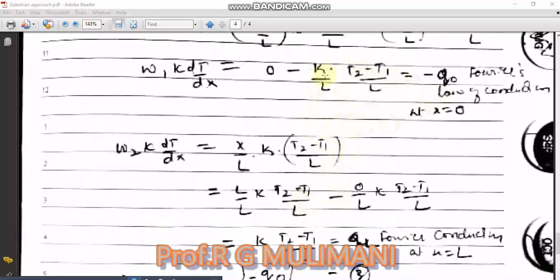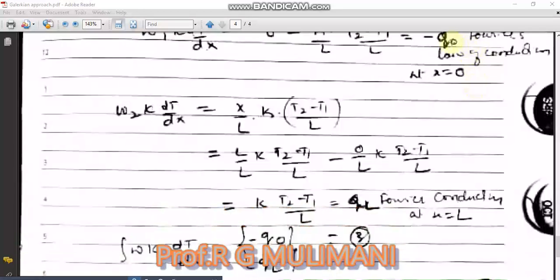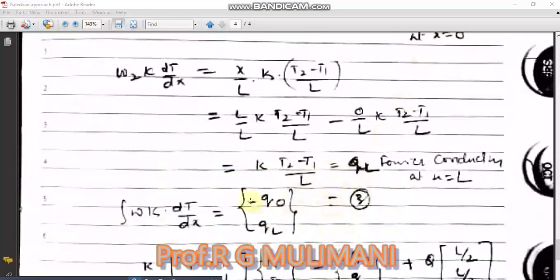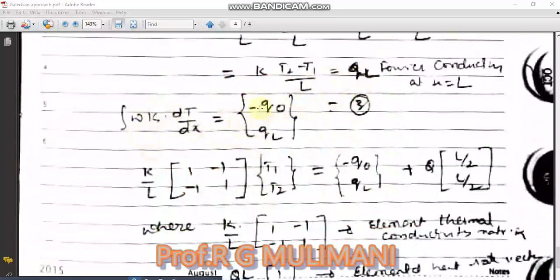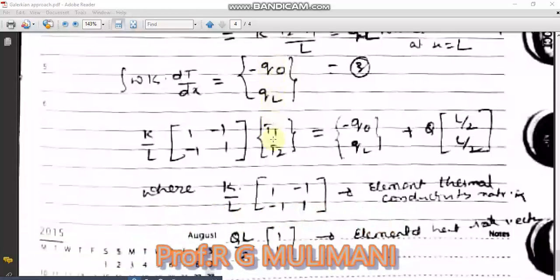This k (T2 minus T1) by L is nothing but q naught. By Fourier's law of conduction, it is minus q naught, so it is plus q naught. So we have two terms, minus q naught and plus q naught.